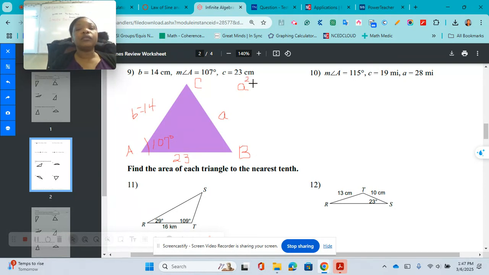A squared equals 14 squared, plus 23 squared, minus 2 times 14 times 23, and cosine of 107. That's what we have.